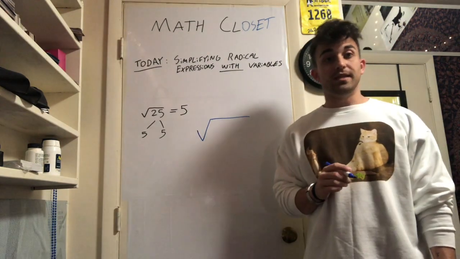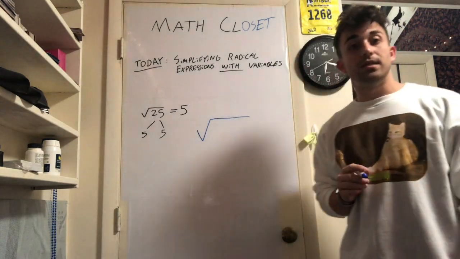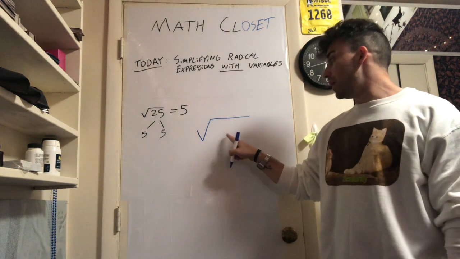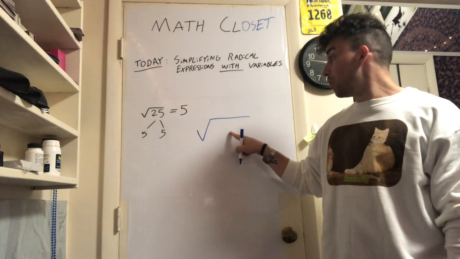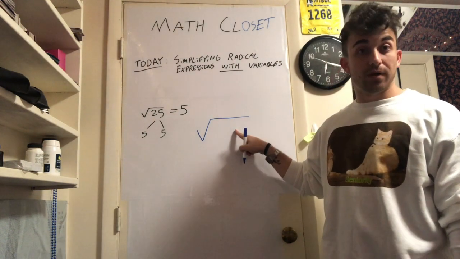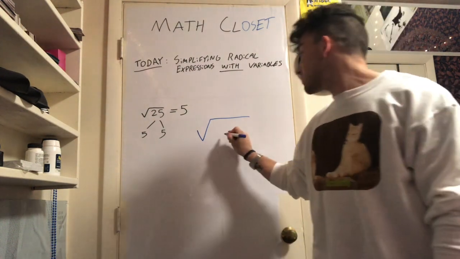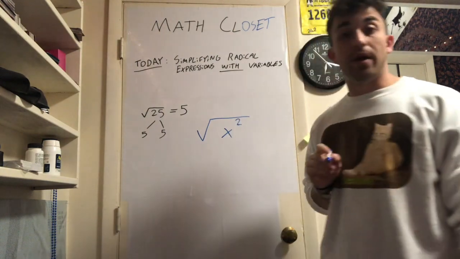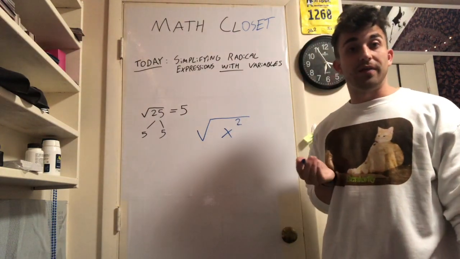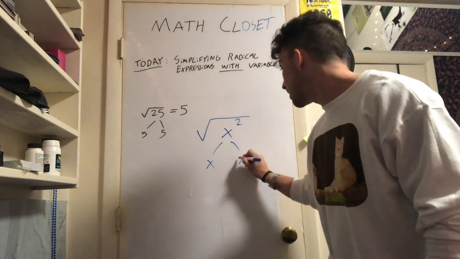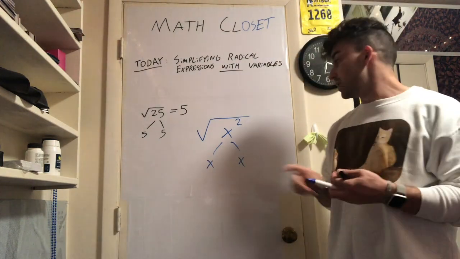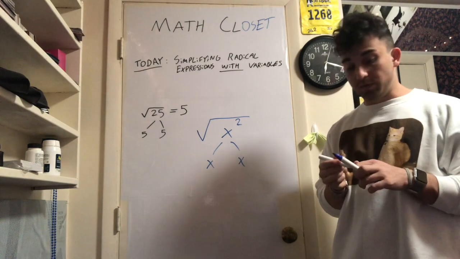Cool. So we're going to take that same idea and extend it to see what happens when the thing inside the radical symbol, the radicand, has a variable in it. What does that mean? If something like x squared is in here, let me see if I can break down x squared. X squared is the same as x times x. I've broken down this term as much as possible.